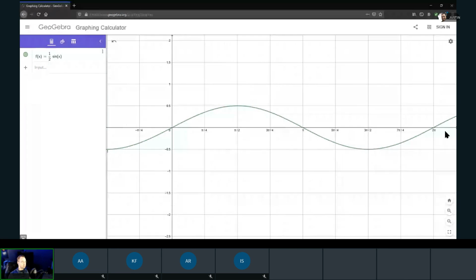It's still one cycle. But the max height or the min height changes from a 1 for the parent function to a 1/2. So amplitude is really easy. Whatever that coefficient value is, that's your amplitude. Very simple.